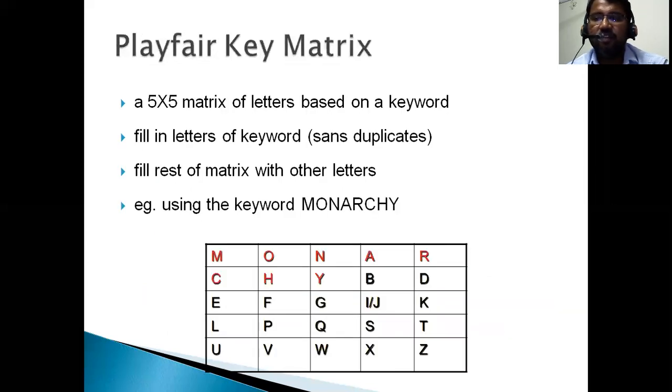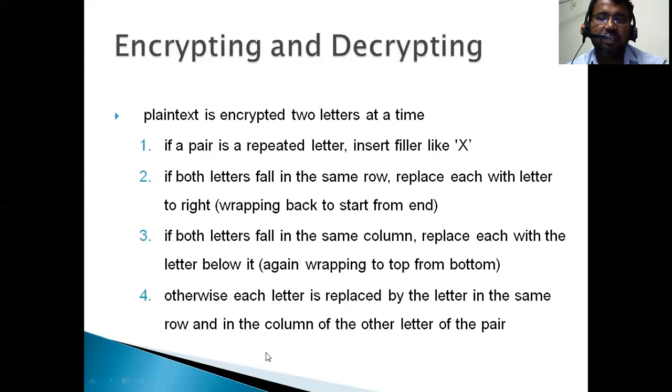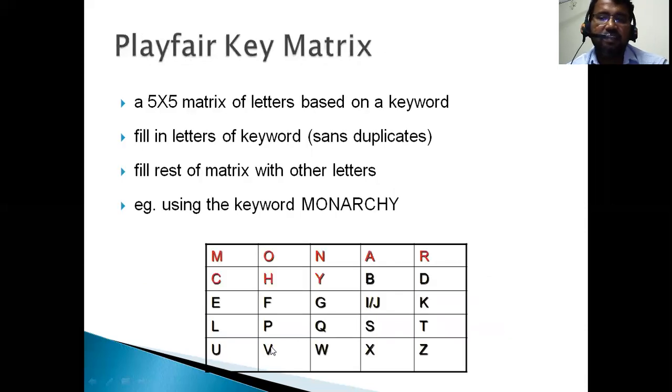For example, if you have the characters FP, F and P are in the same column, so F should be substituted with P and P should be substituted with V. If V is there, then V should be substituted again with O. The same applies in the row format also. If K is there in our plain text, then the ciphertext should be E. Like that we convert.